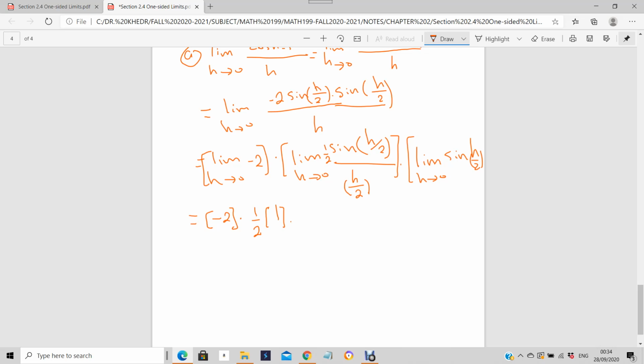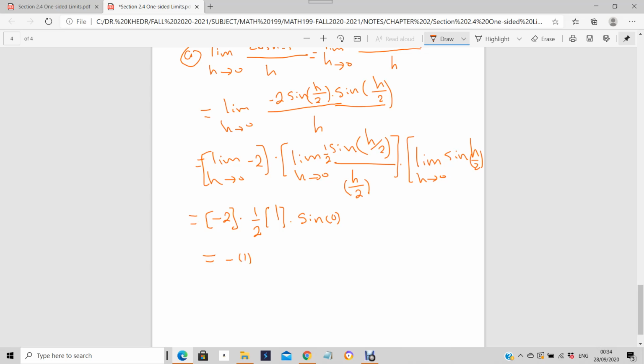Now, if we use the direct substitution, if you substitute h by 0, then this is sine 0 over 2, that is sine 0. What is sine 0? If you use your calculator, sine 0 will be 0, okay? So this will be minus 2 times half times 1, it's minus 1, multiplied by sine 0.